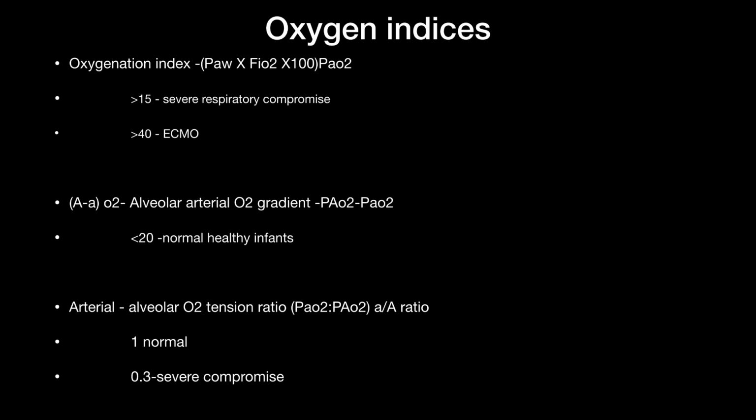If, as we said in the previous scenario, there is a pathology in the alveoli, like either edema or fibrosis, there will be severe compromise of gas exchange. Here we can expect a value less than 1. For example, 0.3 indicates severe compromise.